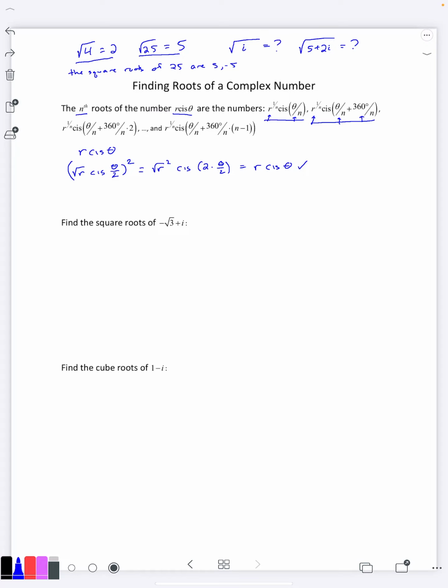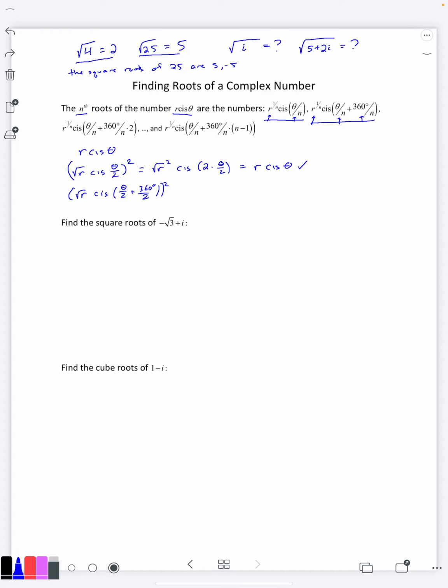So 360 divided by whatever root you're talking about. For this square root example, you keep the square root of r in front, so the magnitude is not going to change. You keep the theta over 2 the same, but then you add on, in this case, half, because it's the square root, of the full circle rotation, or 360 degrees.